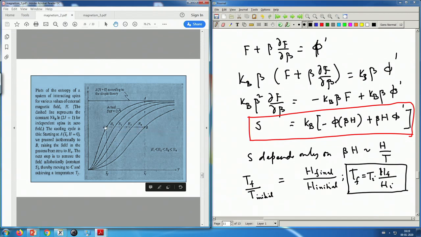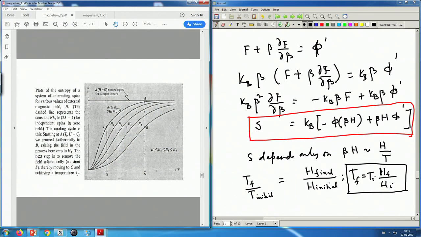So, you come along this way, but adiabatically, which means your entropy is constant, and then you see what has happened. Your temperature here was T_i, the temperature here is T_f. So, you have actually managed to reduce the temperature of the system by this process.